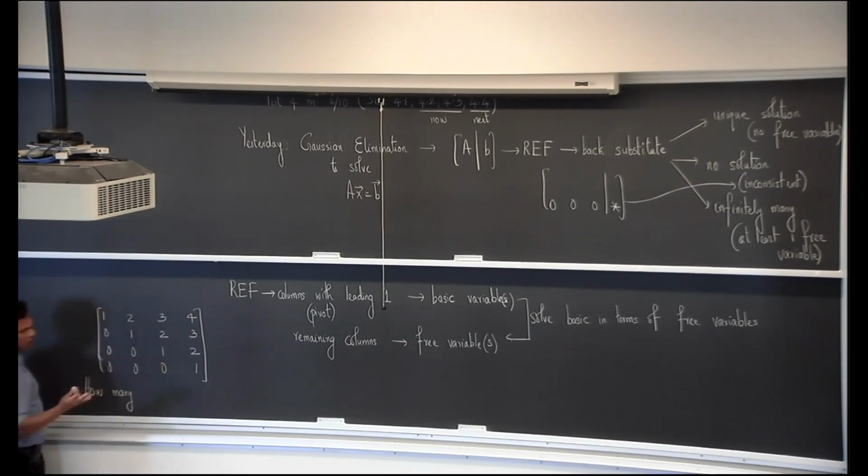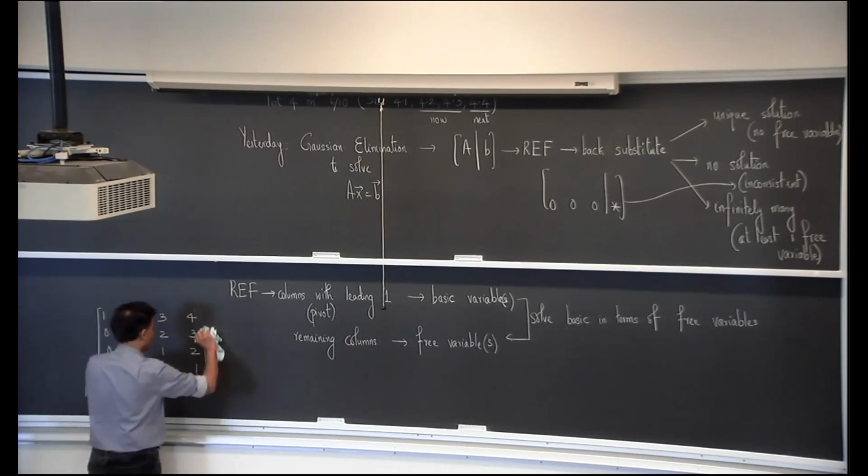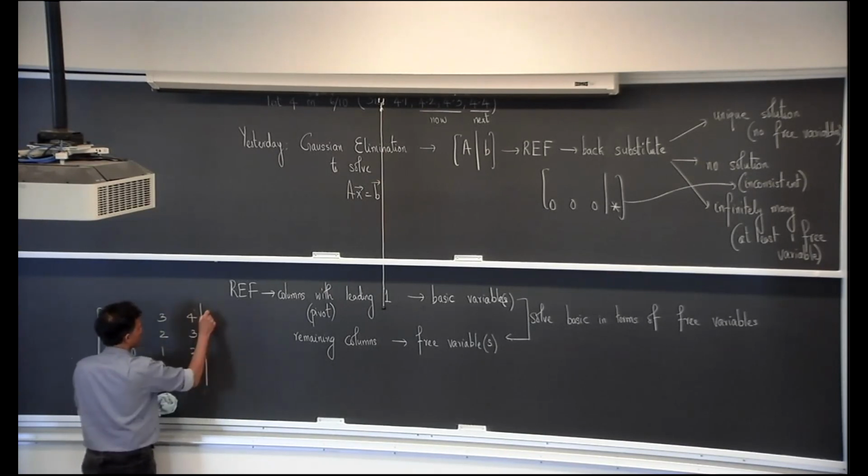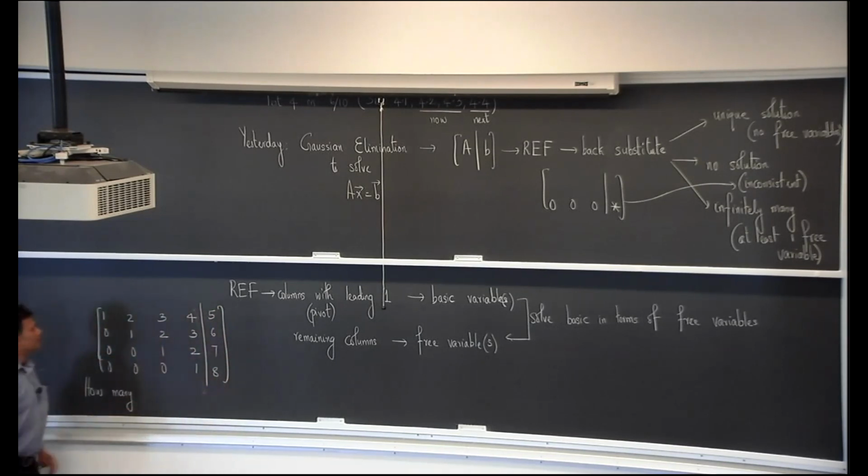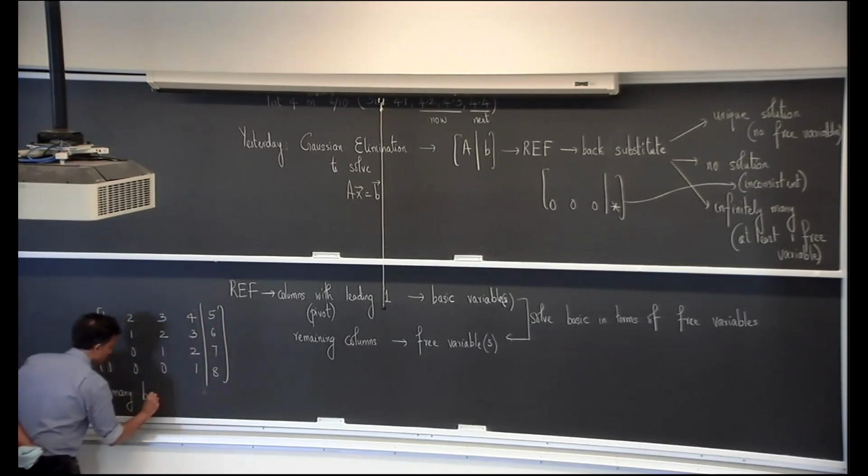I'm not asking you to solve it. This is not the augmented matrix. If you want the augmented matrix, just put it like this. How many basic and how many free variables?